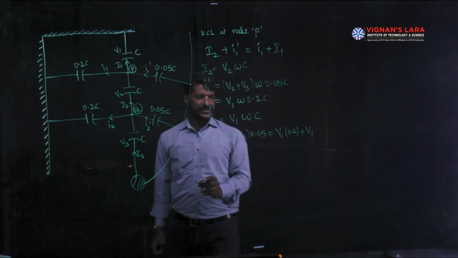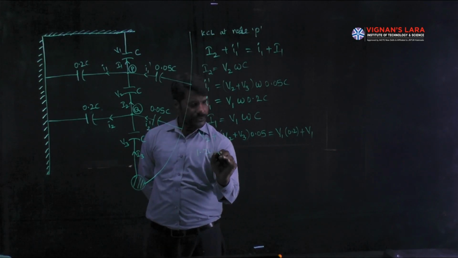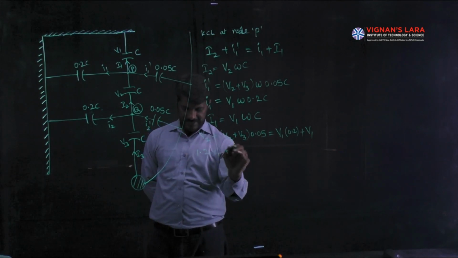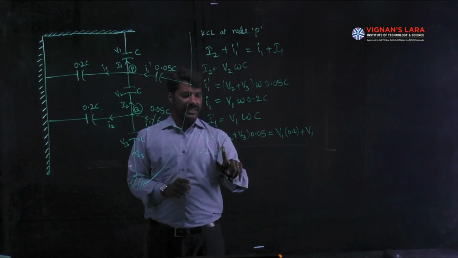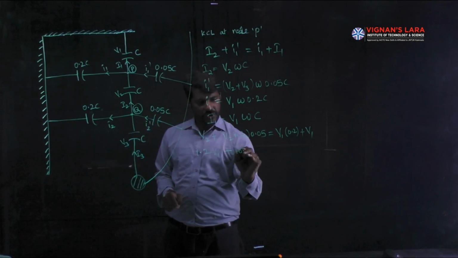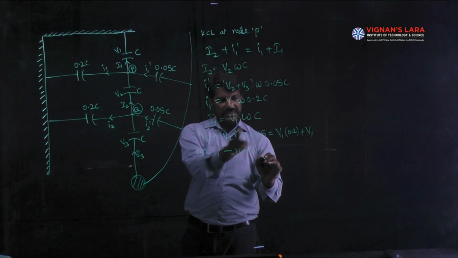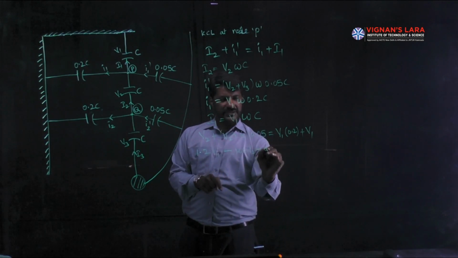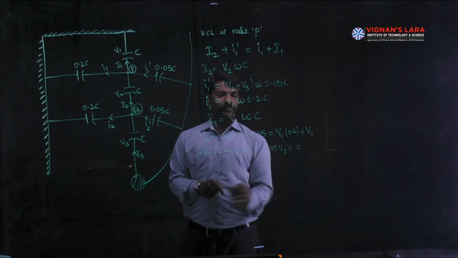Rearranging the terms, this equation becomes 1.2 V1. Bring this V2 to this side, then you will get minus 1.05 V2, and the term going to this side becomes minus 0.05 V3, equal to 0.